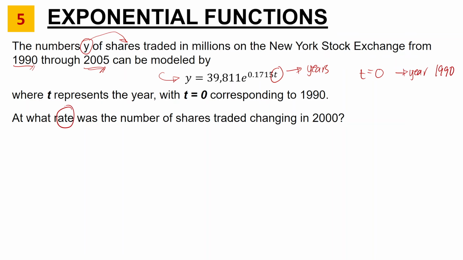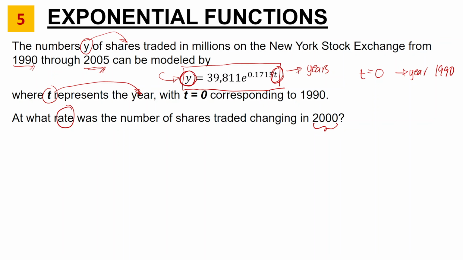Now we're asked to find the rate in 2000. But again, if you don't like to read the whole problem, just look at the equation, find what that variable means. So here t means the year.